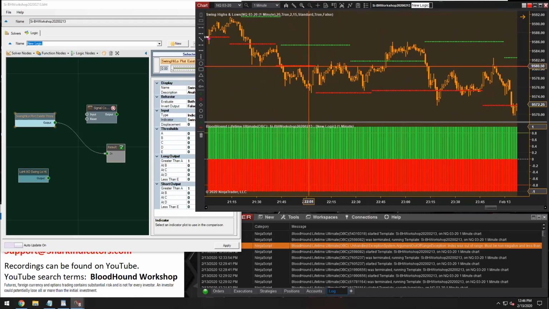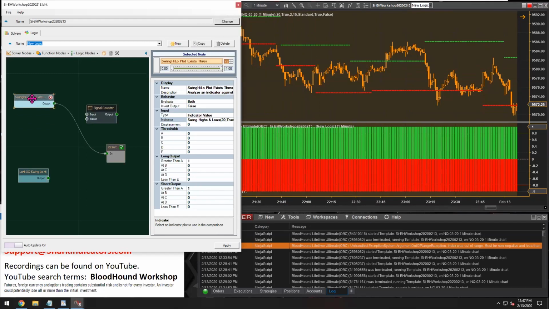You need this continuous plotting when you're building a system. For example, right there, NinjaTrader's swing indicator would stop plotting the swing low, and if the swing low stops plotting, that's detrimental when you're building a system. So that's why we included the swing highs and lows with BloodHound.